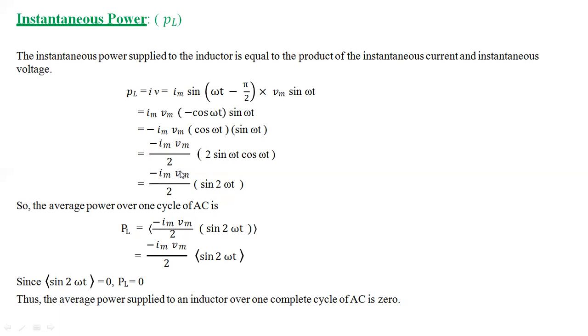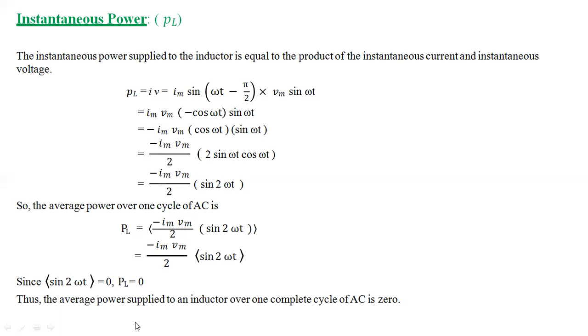So the average power over one complete cycle is P equal to minus Vm Im upon 2 into the average of sine of 2 omega t. Since sine of 2 omega t over a cycle averages to 0, the average power over one complete cycle is obviously 0.